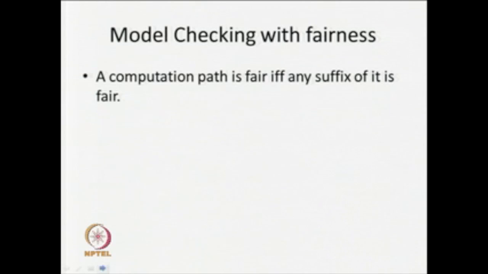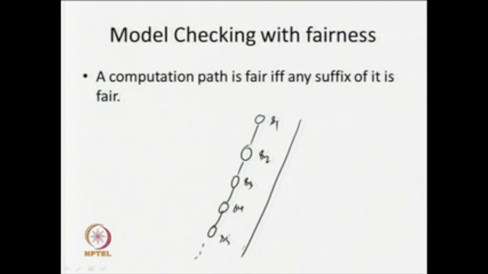Now, we can say that a computation path is fair if any suffix of it is fair. Say this is a path, coming from S1, S2, S3, S4, S5, something like that. This path is fair if any one of its suffixes is fair. Say this is your path pi, then pi 3 is the suffix of this path starting at state S3.